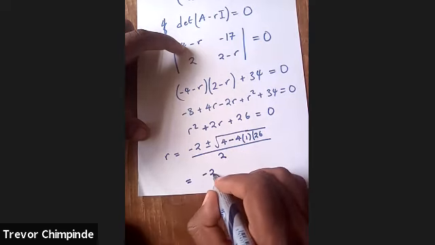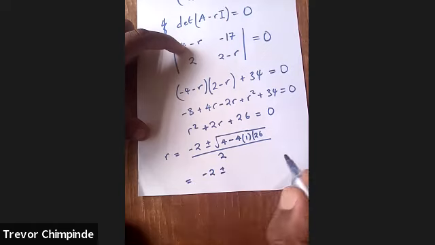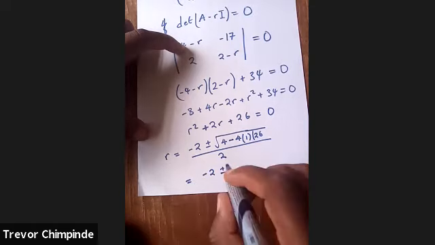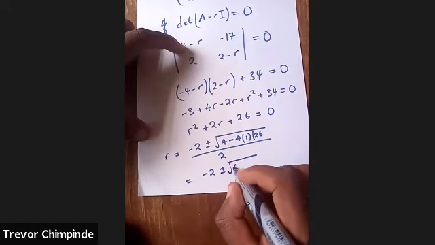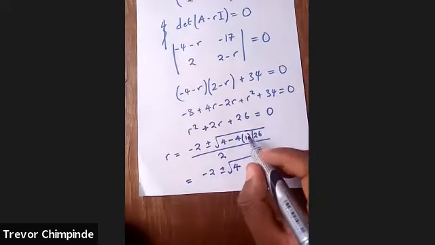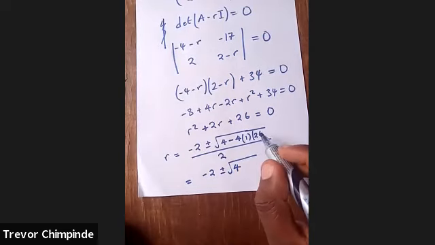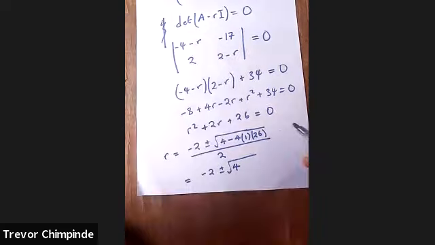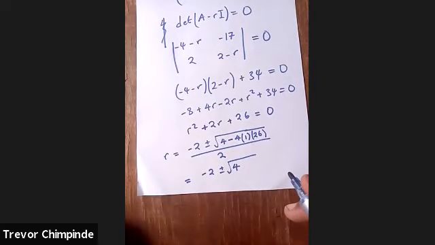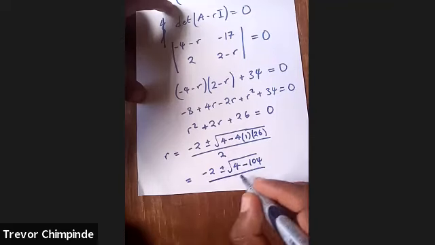So it's minus 2 plus or minus. What do we get there? So it's 4. Then this is 4 multiplied by 26, which gives us what? Which gives us 104. Yes. So it's minus 104 over 2.